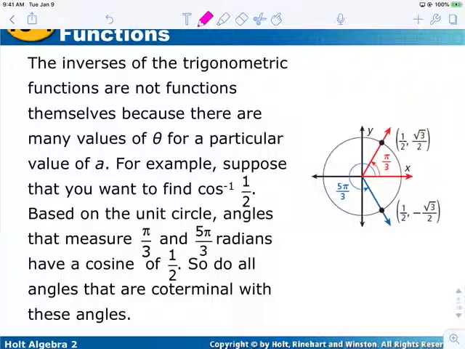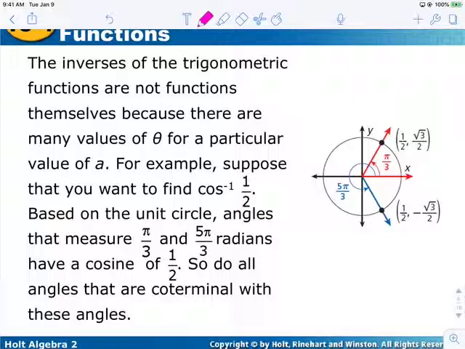Based on the unit circle, angles that measure pi over 3 and 5 pi over 3 radians have cosine of 1/2. So do all angles that are coterminal with these angles. Yep, so good.